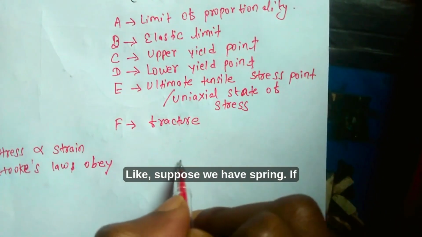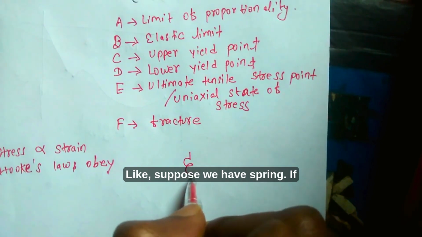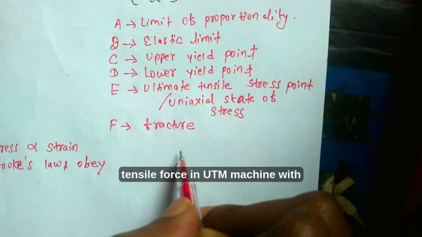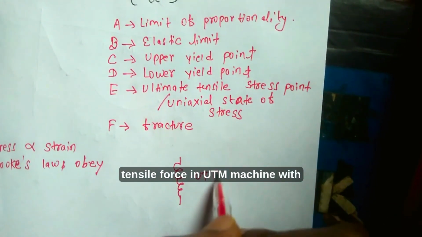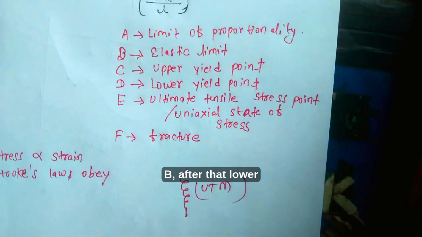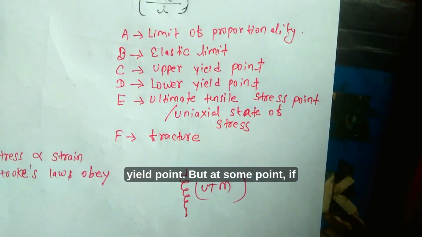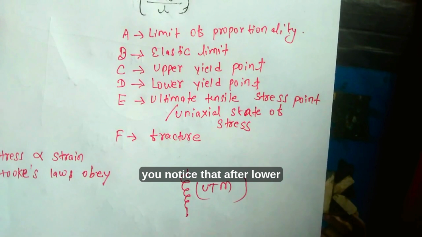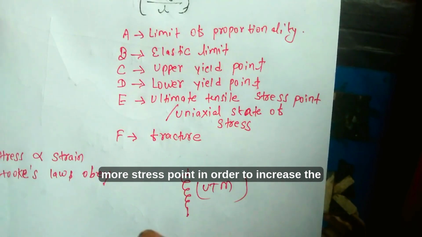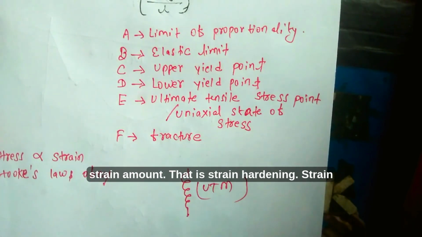Suppose we have a spring. If you apply a tensile force on this spring in a UTM machine, it opposes Hooke's law after point B. After the lower yield point, we have to apply more stress in order to increase the strain. That is strain hardening.